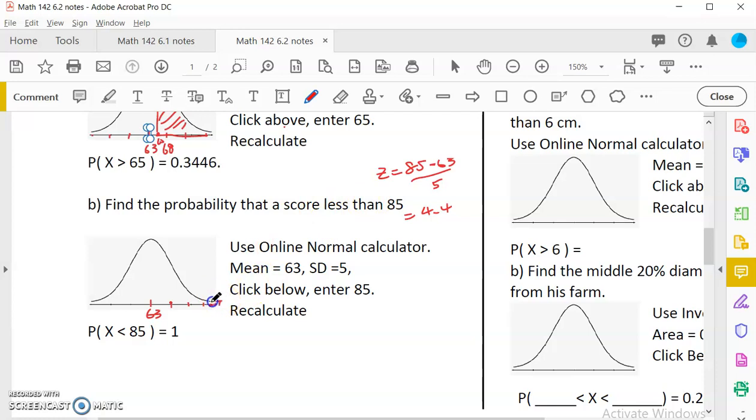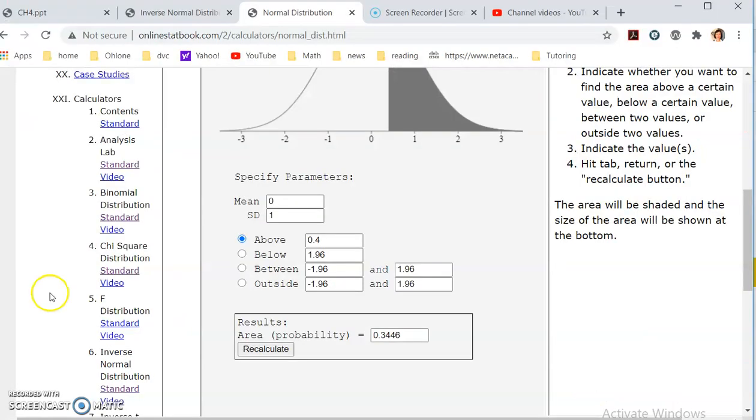Less than. Whoa, that would be all this. Do you think it is 100%? I have a feeling it is. So this is 85. It is 4 standard deviations away, and we want it to be less than 85, like that, right? So all of them.